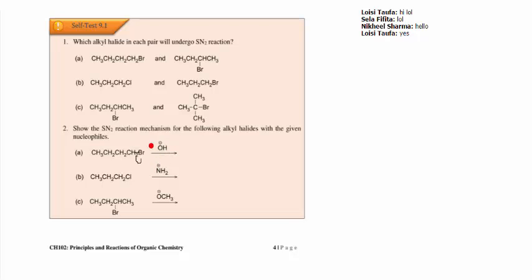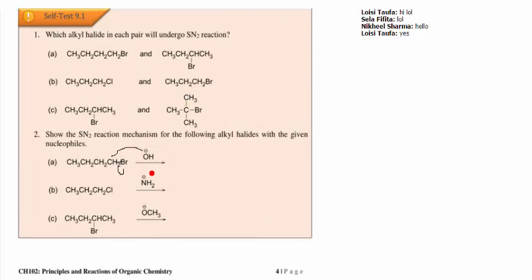Those electrons will leave, giving the carbon a positive charge, which will attract the nucleophile. So it basically is a substitution reaction. What happens is bromine will leave and the hydroxide ion will attach to the carbon at the same time. Since it's a one-step process, both of these components happen at the same time.